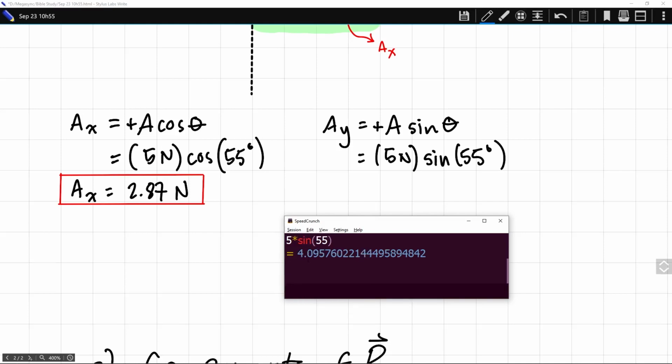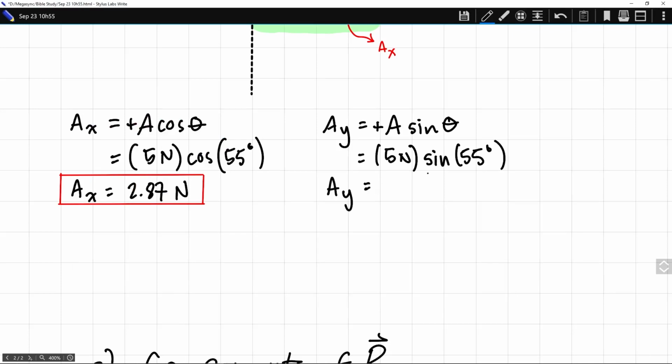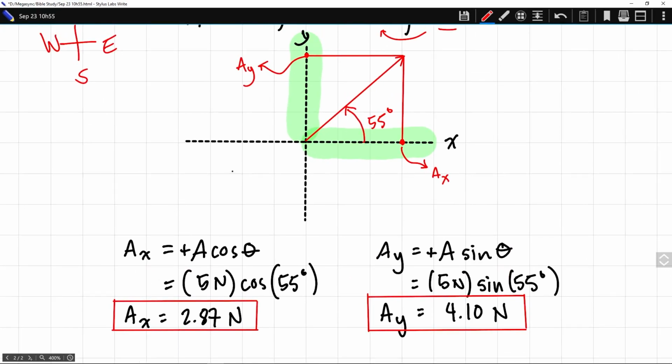So we have 4.9 per round up, so that is 4.10. So a sub y is 4.10. So we'll take yung unit ng ating magnitude. So that is for a sub y. Okay, so the components of our vector A, we have a sub x and a sub y.